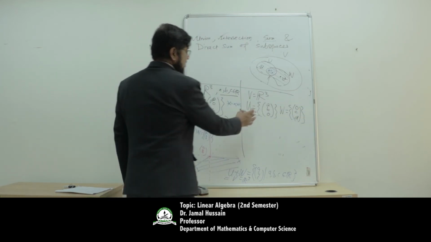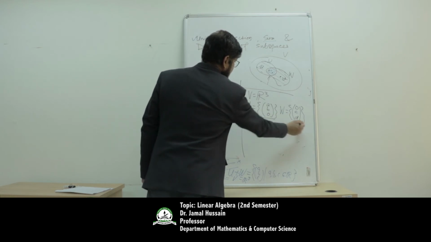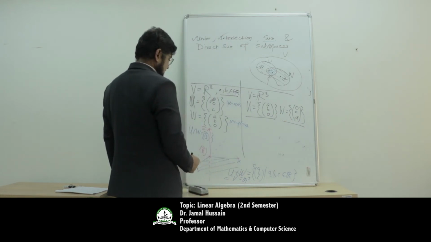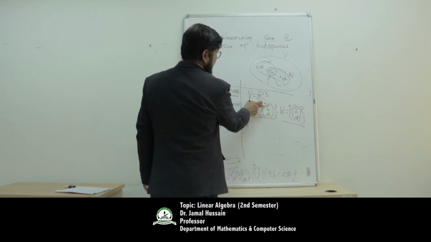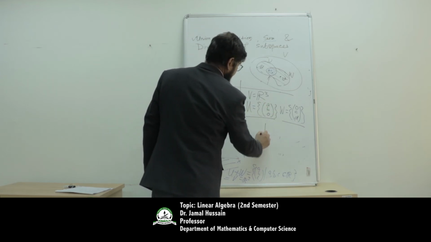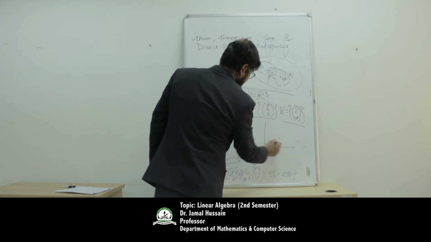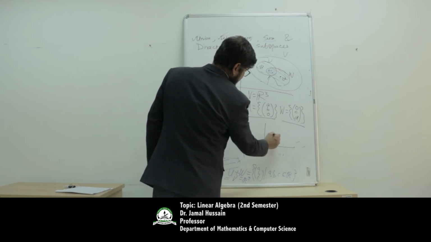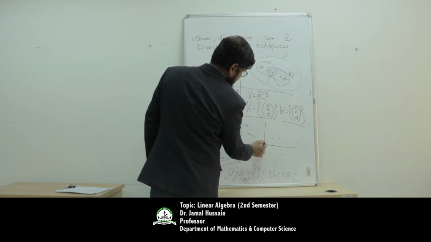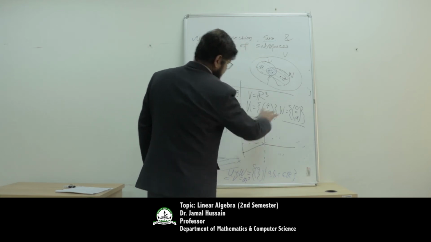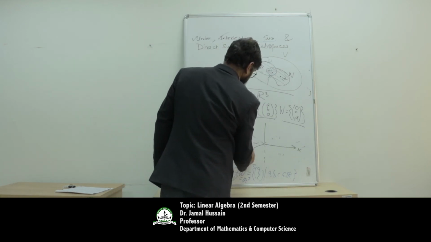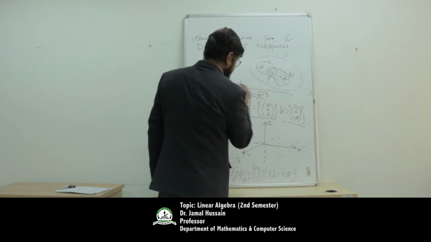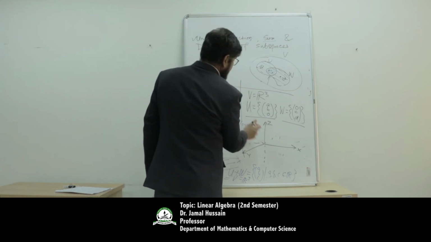Now, if you want to visualize these two in the figure, this is nothing but their x and y components. If we again consider the three-dimensional space with x, y and z, what is U?